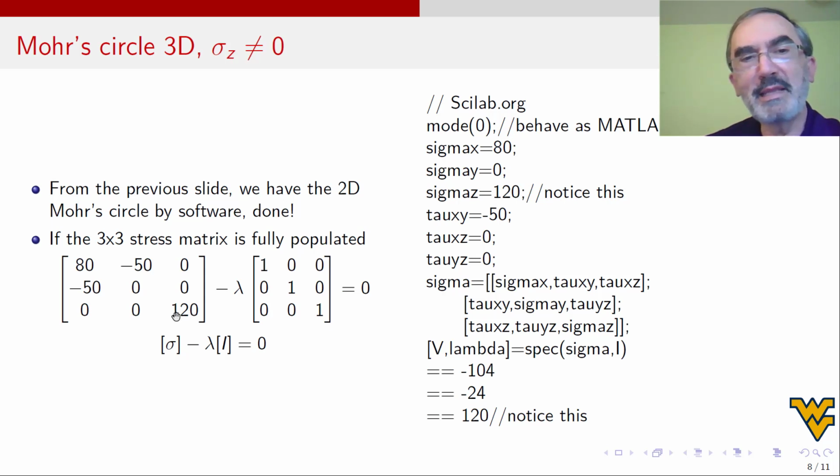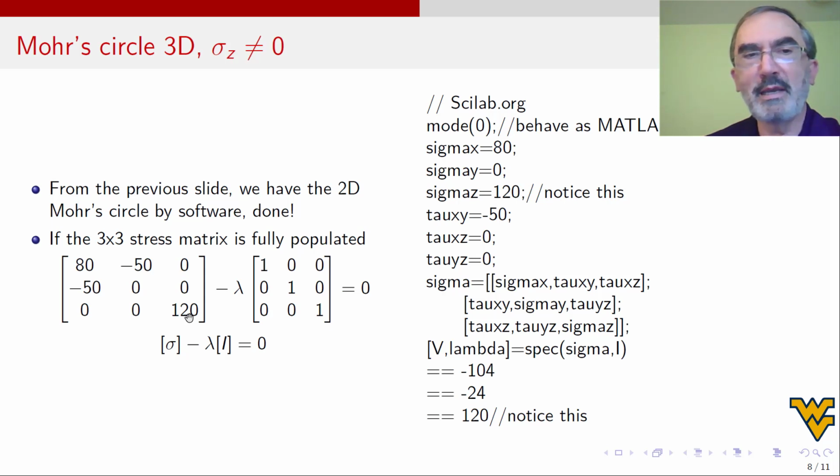So I put this number there, and these are zeros and these are zeros, so I already know that this is a principal value. Now here there are no principal values showing, because I don't see the 104 and minus 24, right? They are hiding. I have to rotate, transform the coordinates to find them. But this one, since it has 0, 0, 0, 0, I know that it is already a principal value.